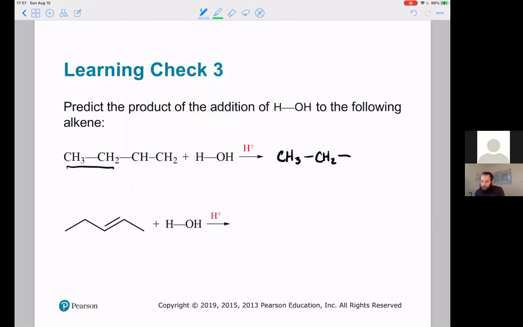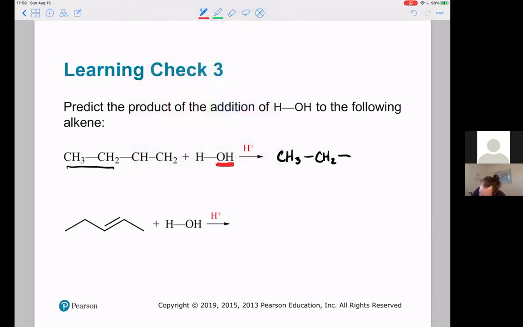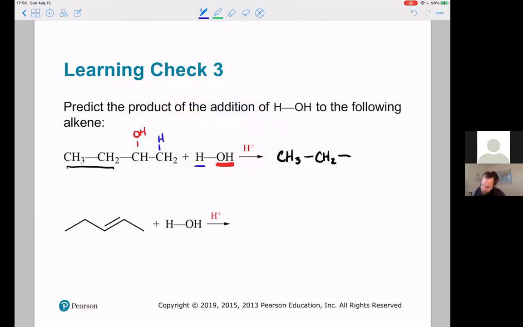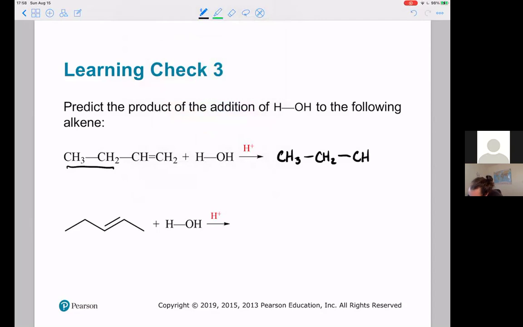One of those covalent bonds in my double bond gets broken, and I replace that with the OH on the more highly substituted and the hydrogen on the less highly substituted. Okay, so in terms of kind of getting a correct balanced chemical equation here, this CH, now it's just going to have a single bond and the OH is going to be on that carbon, whereas this is going to turn into a CH3.